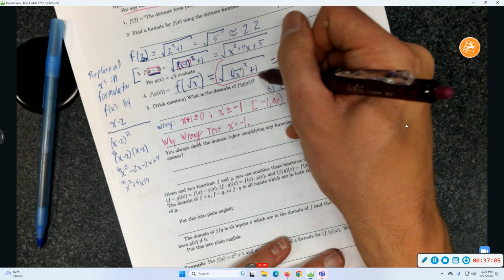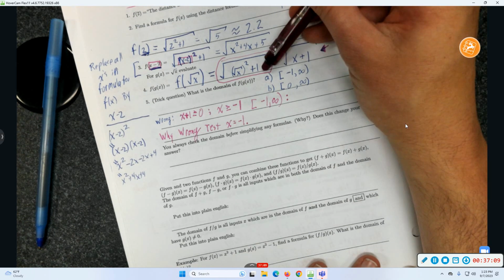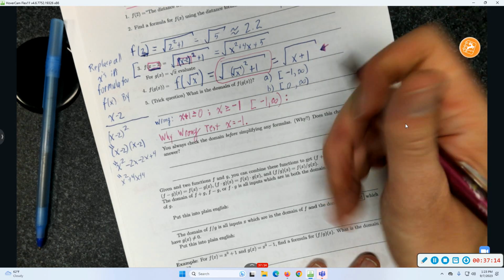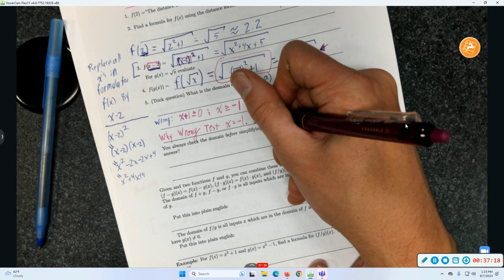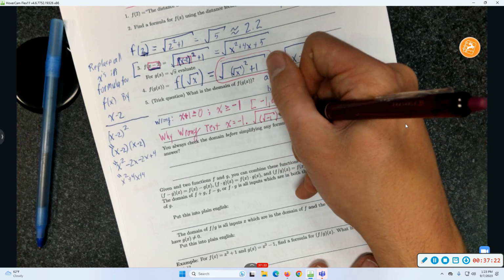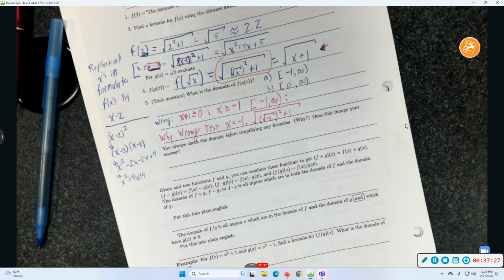You should always use the purest version of your function. Don't do any simplification. This was the original formula we got. Let's use that. This will be the square root of negative 1. Then we square it. Then we add 1. And now you see what's wrong.